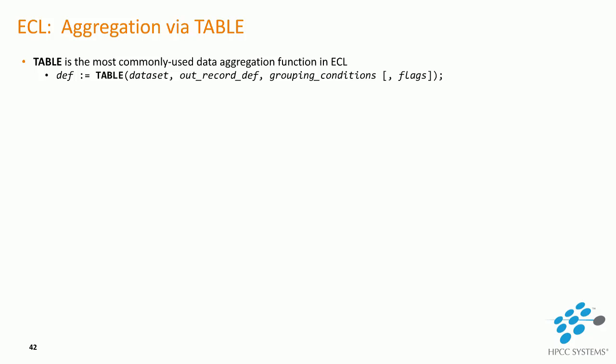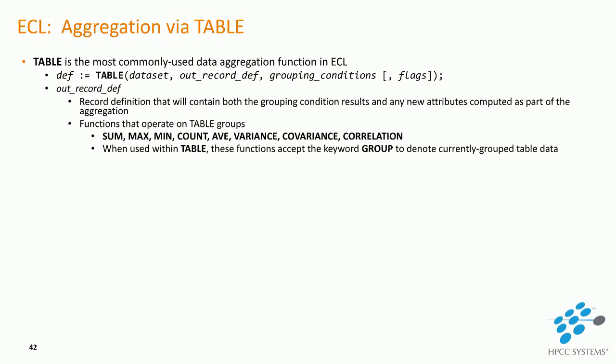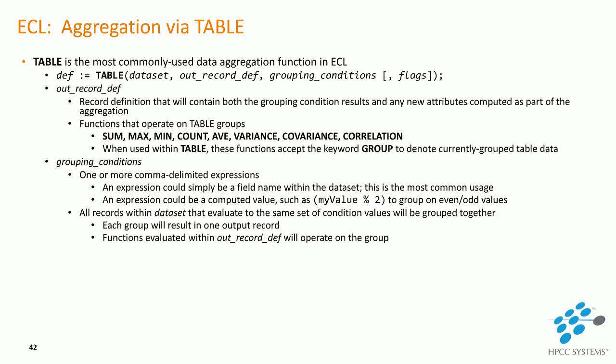And there's a review of the parameters again that we illustrated in the previous slide, the output record definition, and so on. And in the output record definition, when you're using aggregation, the trick to crosstab reports is not the third parameter of the table, but the group keyword that's used inside of the record structure of the table that you're building.